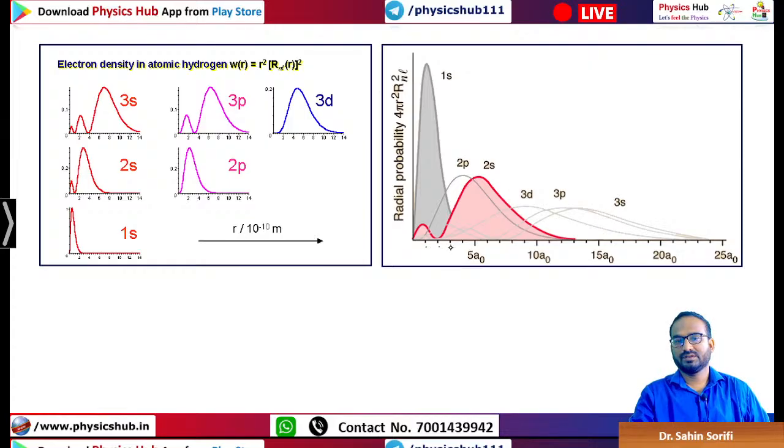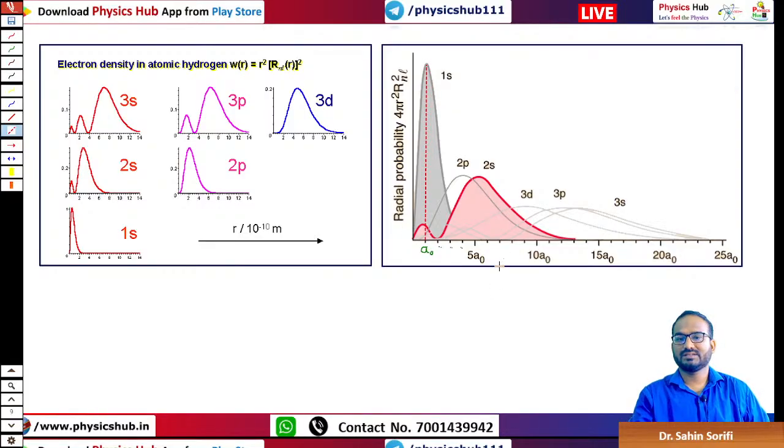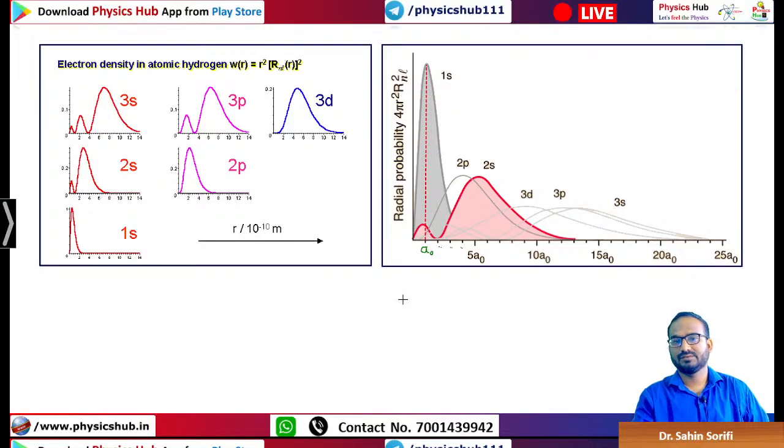A0, 2A0, 3A0, 4A0, 5A0. So this is A0. So the most probable distance for the ground state is A0. The most probable distance for other states may not be A0. You can see for 2s or 2p it is different. For 2p it will come around some point like this, so it will be more than A0.